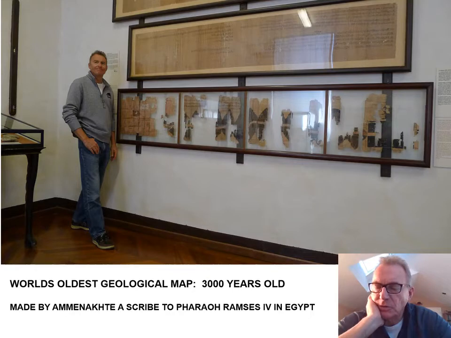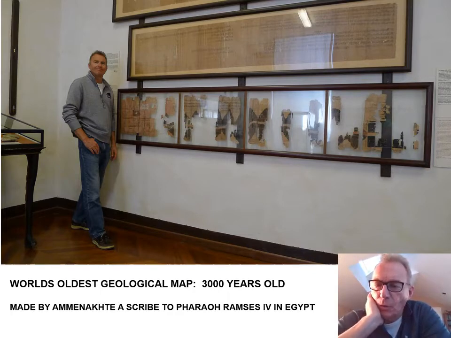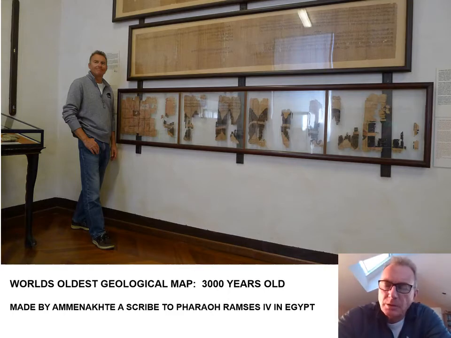You can see part of it in the Egyptian Museum in Turin, northern Italy. And we know who produced it. It was ascribed to Ramses IV, and Ramses IV was not only a pharaoh, but he was also a geologist. The ancient Egyptians were fixated on rocks.